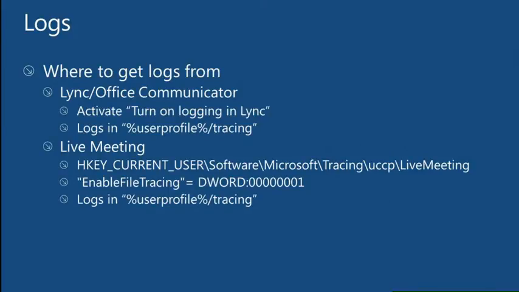If you still use Live Meeting, I really hope you don't, there is a registry key that you need to set to enable the file tracing, and it will not show you all the tracing that Live Meeting does, but it will show you the tracing that is important if you want to troubleshoot ICE issues, and then there will also be a log in the user profile tracing. You can also open it with Snooper, and you can investigate if you can find the candidates you expect to find.